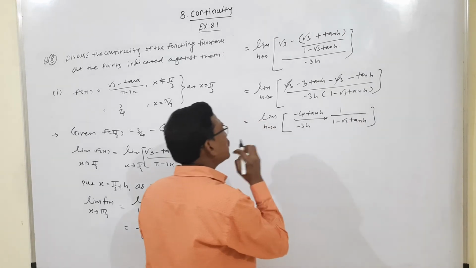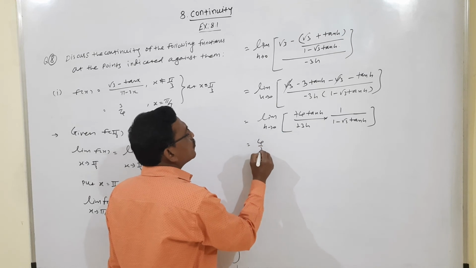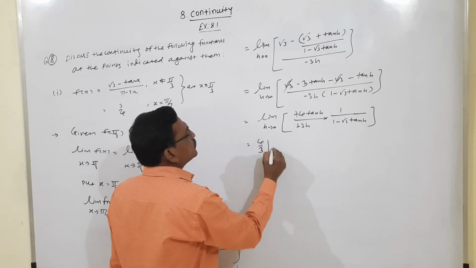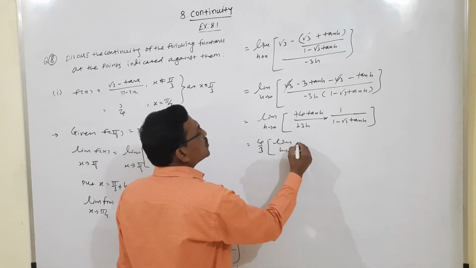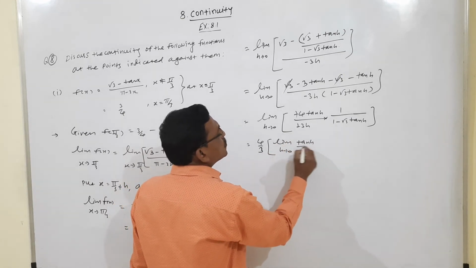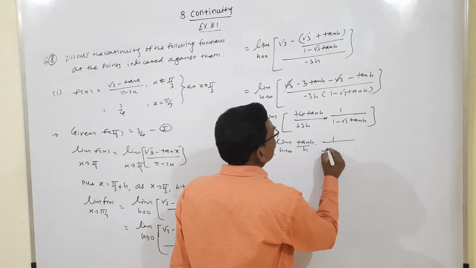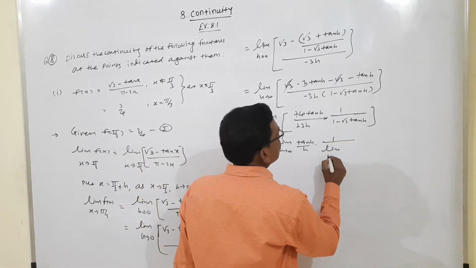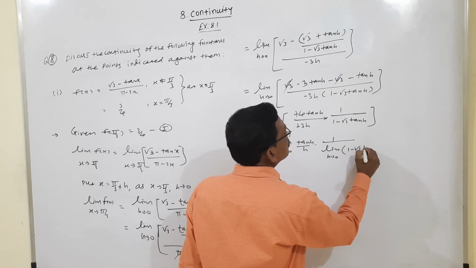Okay, now apply the limit. The minus minus will become plus. 4 by 3 is a constant, take it before the limit. Limit as h tends to 0 of tan h upon h, into 1 upon, applying the limit separately, as h tends to 0, 1 minus root 3 tan h.